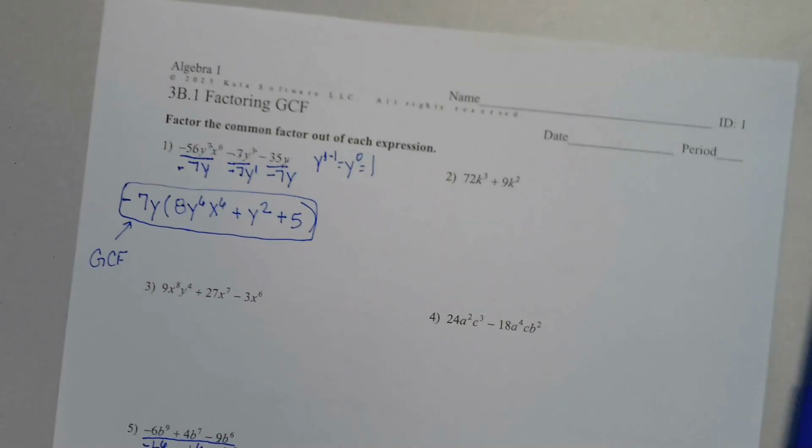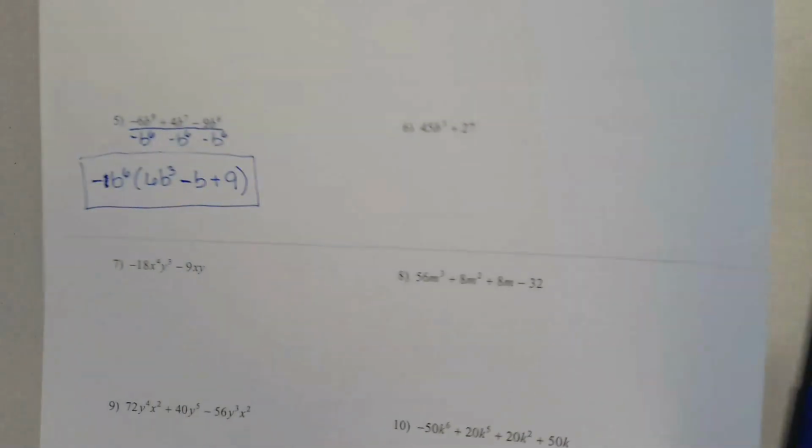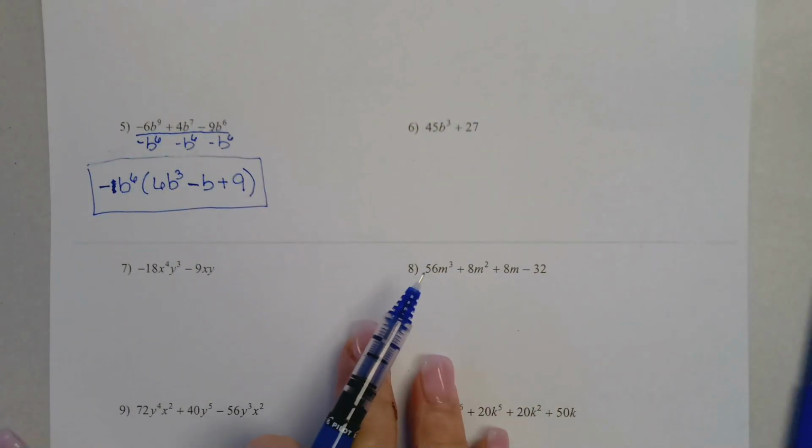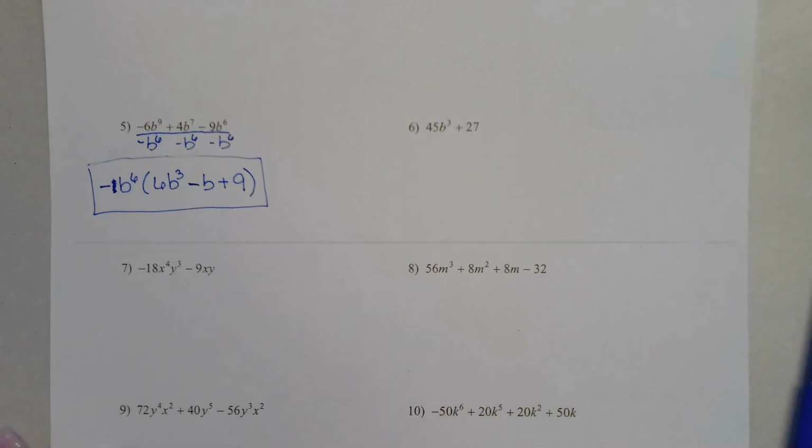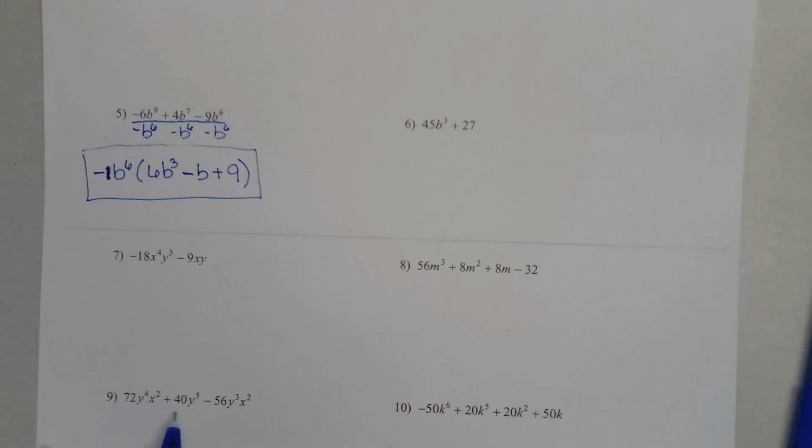All right, let's take a look down. There's some bigger ones to deal with. So right down here, we've got 72, 40, and 56. So I'm going to look at my smaller number, my 40. And my factors, I've got 40, which doesn't work. That's the biggest. The next biggest factor is 20.